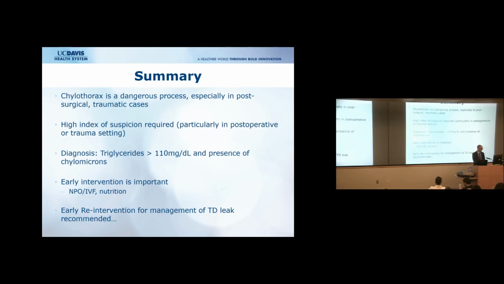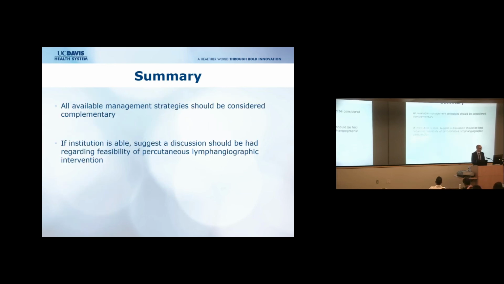And then early re-intervention for management of thoracic duct leak is recommended within the first few days if in the post-surgical setting. I think it's important also to say that all available management strategies, medical, surgical, and interventional, should be considered complementary in the management.